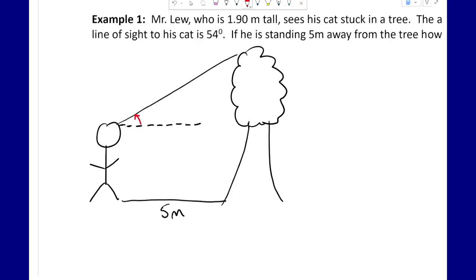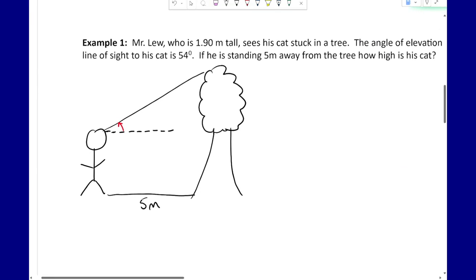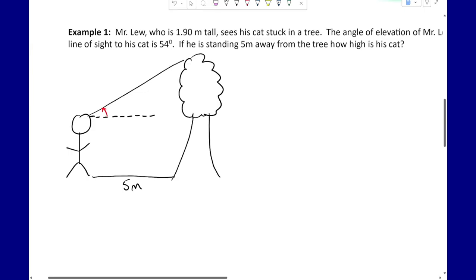Now I'm going to put in the information from our question to help label. I already have the 5 meters for how far away I'm standing from the tree. I am 1.9 meters tall, so that is going to be my height. I'm just going to put that off to the side to show that I am 1.9 meters tall.